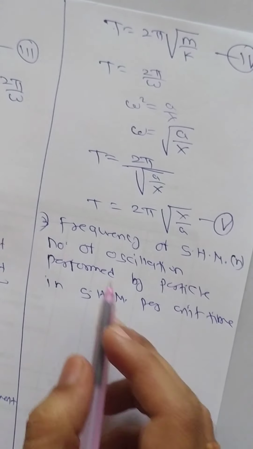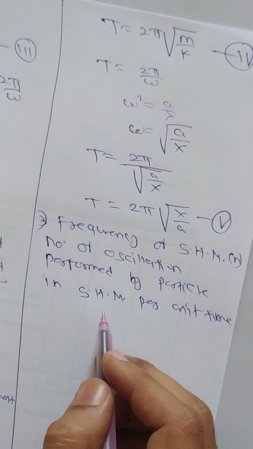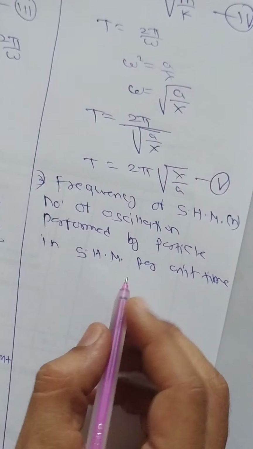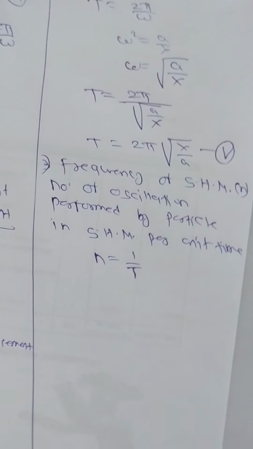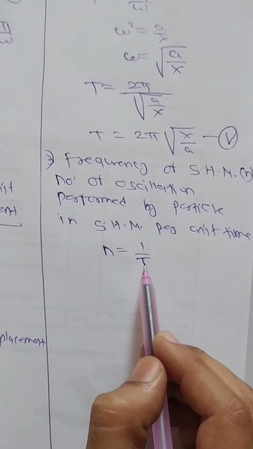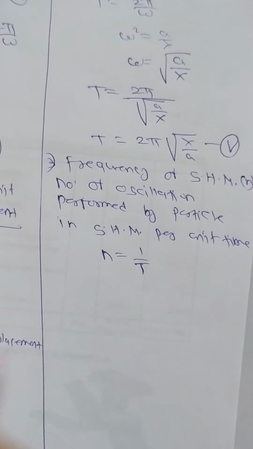So I will write n is equal to 1 upon T. That is the number of oscillations performed by the particle per unit time, or n is equal to 1 upon T.